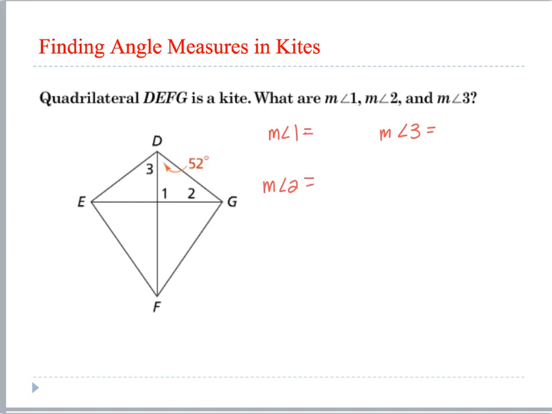Well, for angle 1, we know the diagonals are perpendicular, so angle 1 is a right angle, which means angle 1 is 90 degrees. Angle 3 is right next to angle 2, and these angles are congruent. That has to do with congruent triangles in there. So those two angles are congruent, so this one is 52.